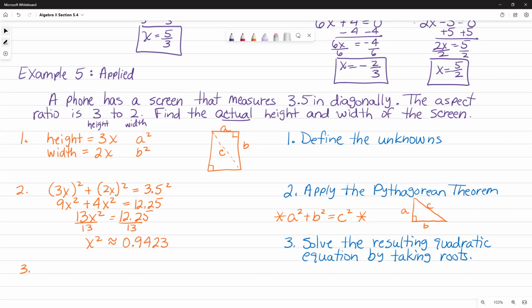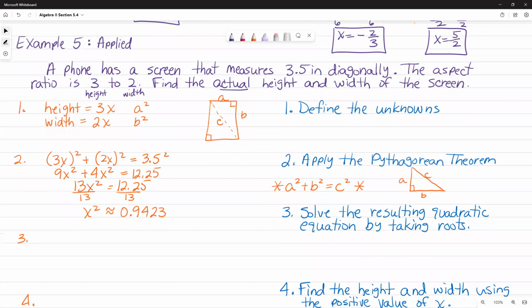All right, so now we have our quadratic equation. So solve it by taking roots. This means that the square root of x squared equals the square root of approximately 0.9423.